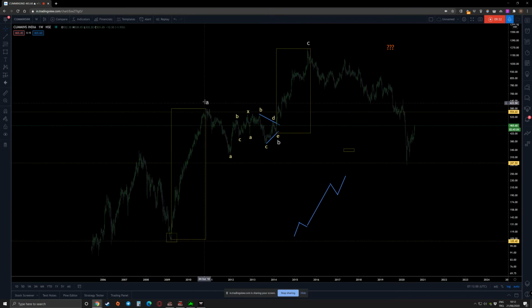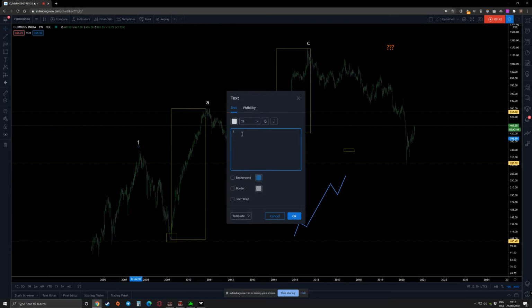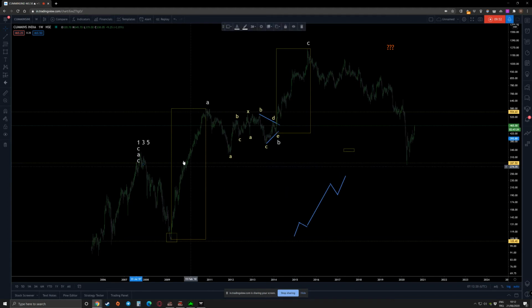So if you wanted to do an impulsive wave, you would pick the top and say this is a number 1, or number 3, or wave 5, or C wave of a zigzag, or wave A of a zigzag would be the top.